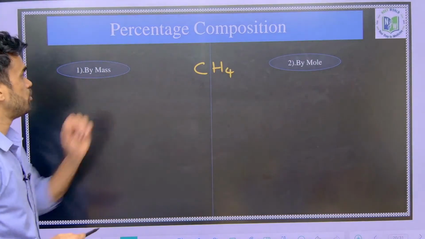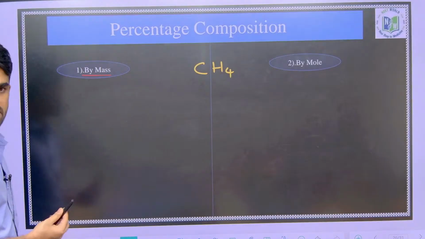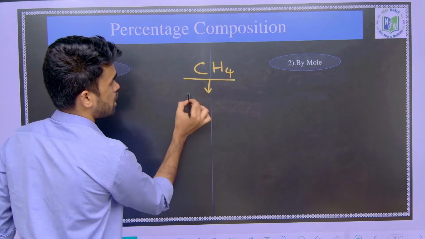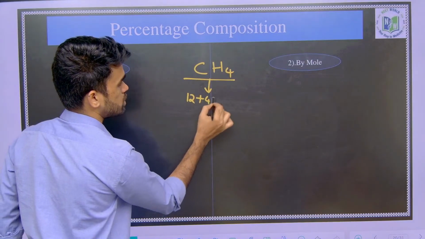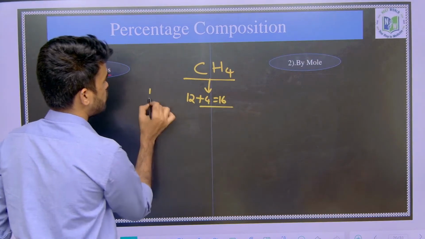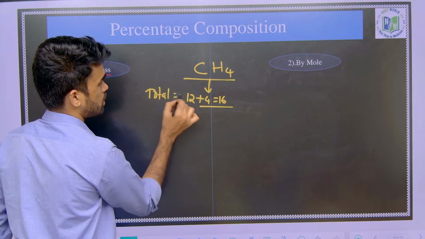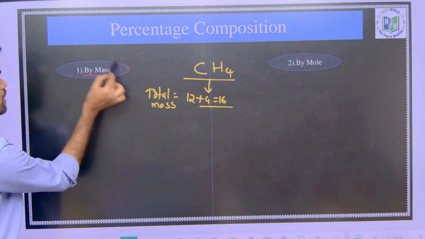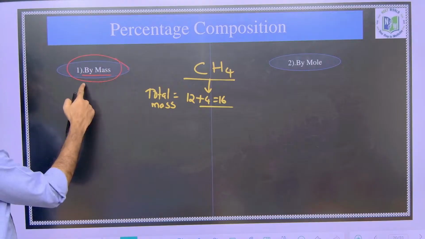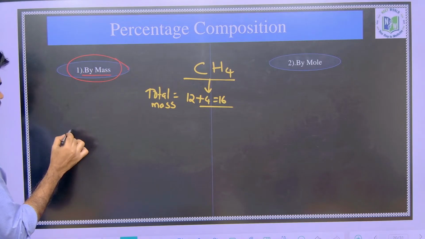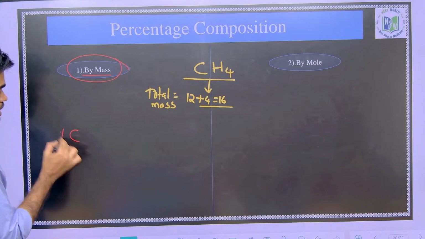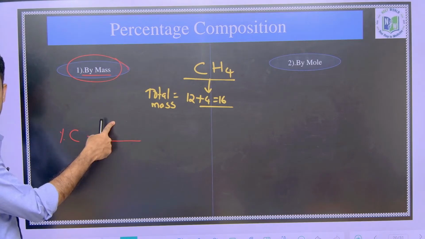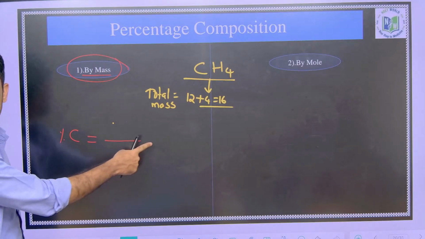If I ask for mass percentage in methane, see the total mass of methane: carbon 12 plus 4 hydrogens, so the total mass is 16. If I want the percentage of carbon by mass, what should I do? Mass of carbon by total mass into 100.